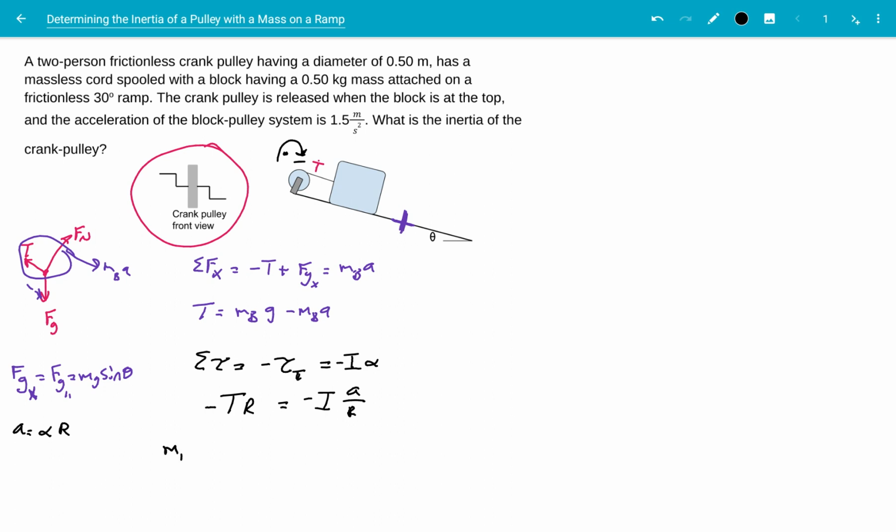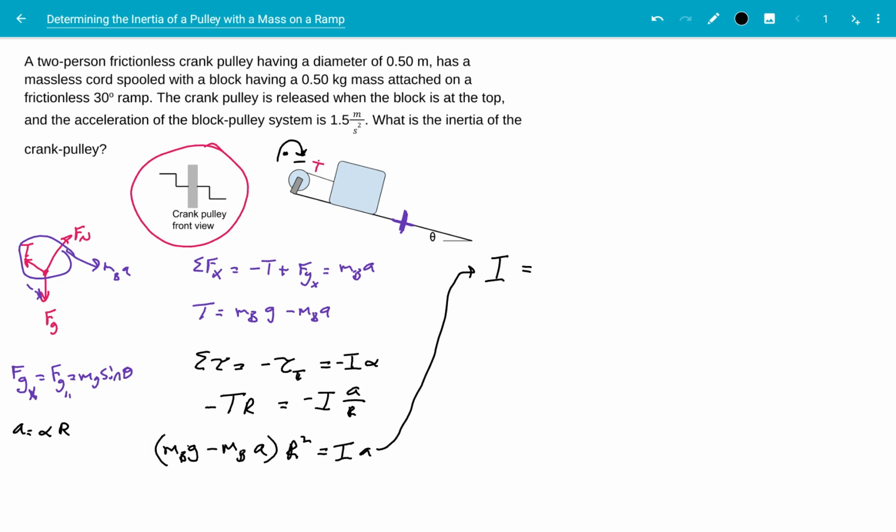So that's going to be mg minus mb a, times r squared, equals, sorry about that, equals I a. Well, now we can solve for the inertia.